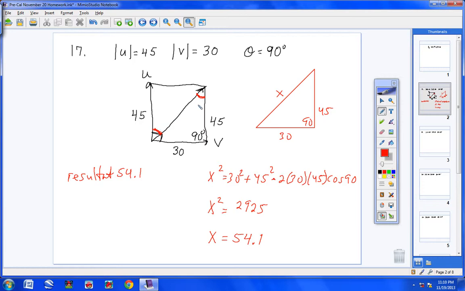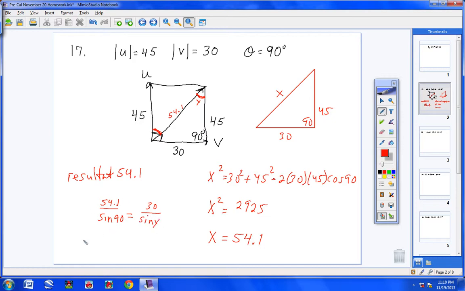So here we go. I can find this angle very quickly right here by using, let's see, this resultant right here is 54.1. So I can use law of sines. I can simply say that 54.1 over the sine of 90, remember those two go together, equals 30, that's this length right here, and we'll call this angle y, over the sine of y.